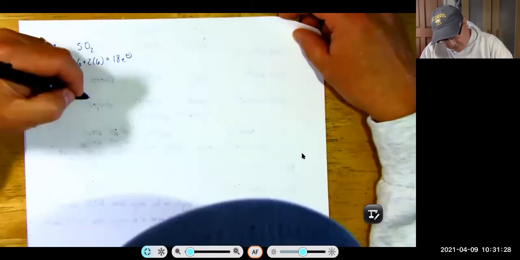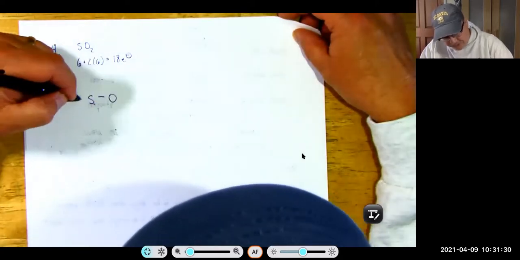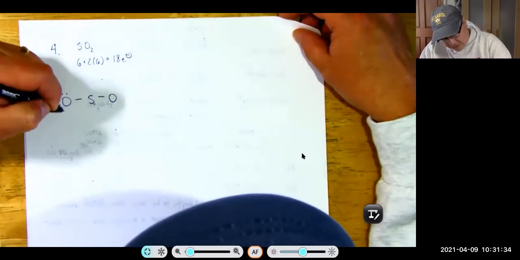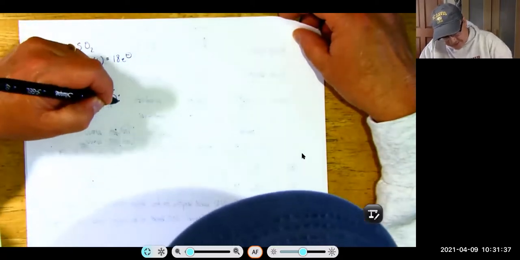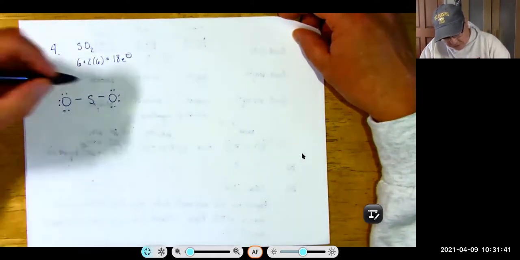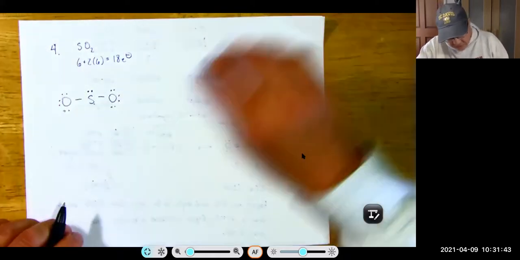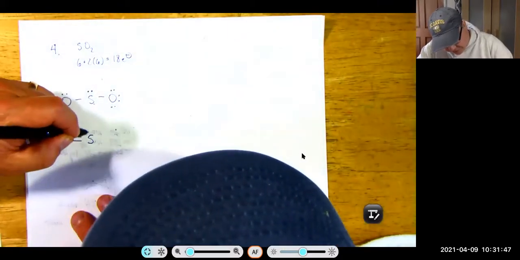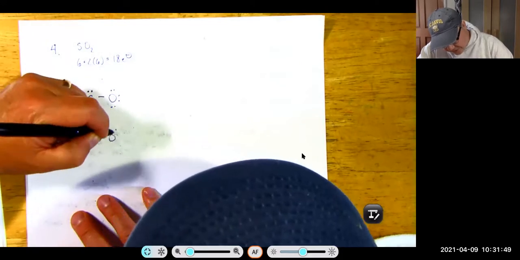We're going to put sulfur in the middle because it can make more bonds and it's less electronegative. Lone pairs on the oxygens until you get 8 on each. We've used a total of 16, so we're going to put 2 more here. Sulfur doesn't have an octet, so we're going to make a double bond to sulfur so that it does have an octet.